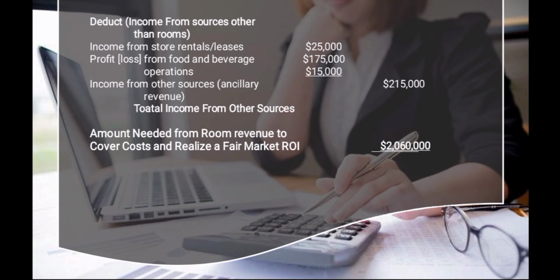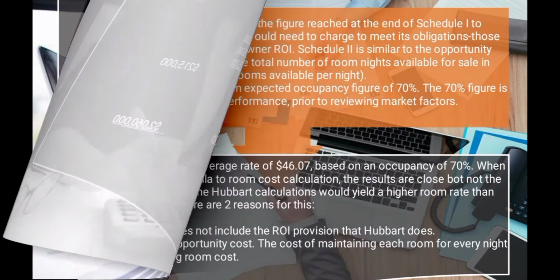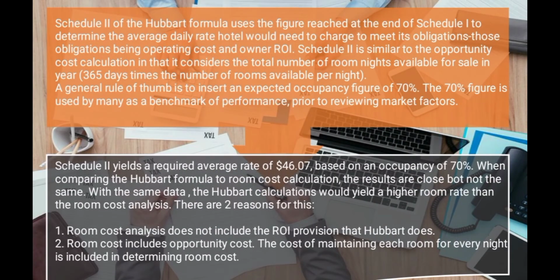This $215,000 will be deducted from the $2,275,000, and from that we will arrive at the amount needed from room revenue to cover costs and realize a fair market ROI, which is $2,060,000.